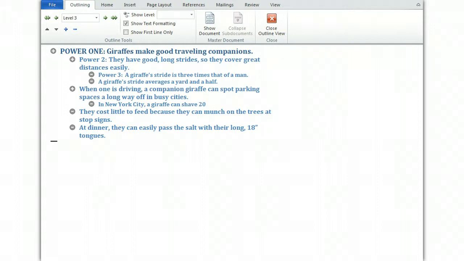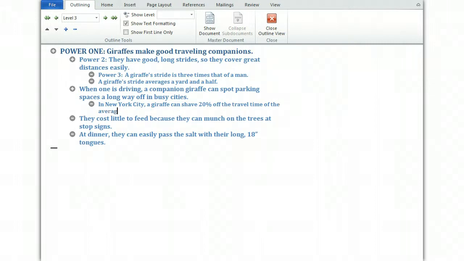Obviously, I'm making up these statistics, but they're useful. If I had the real ones, I'd use them. That's a Power 3 sentence about the Power 2 sentence that supports the Power 1 sentence.